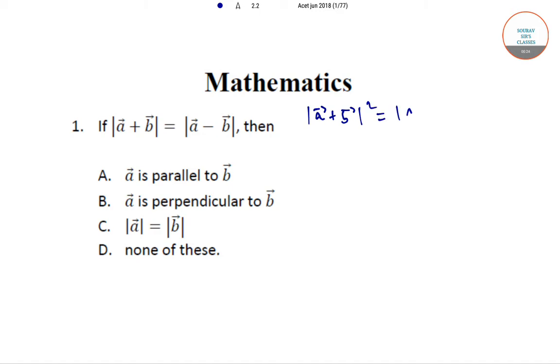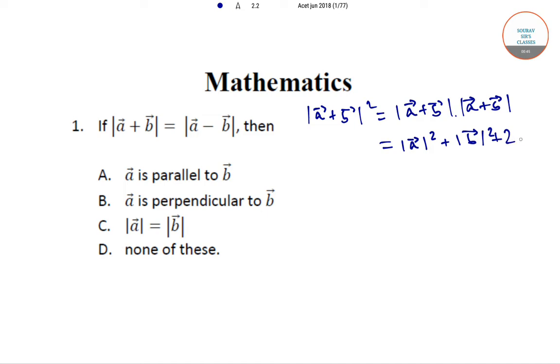So this is equal to mod A vector plus B vector into mod A vector plus B vector, that is mod A vector squared plus mod B vector squared plus 2A vector dot B vector.